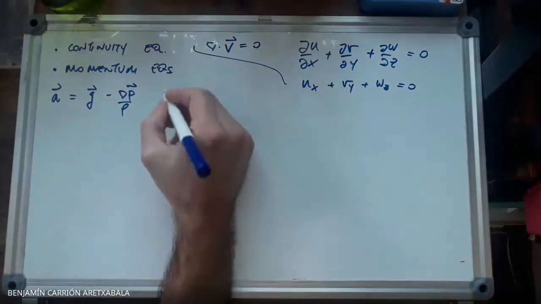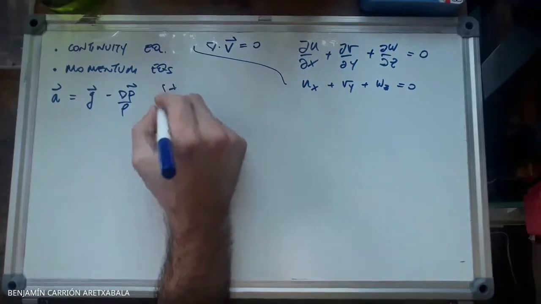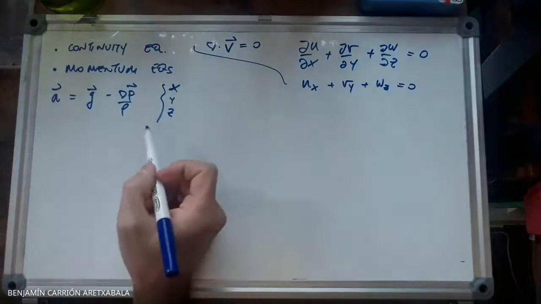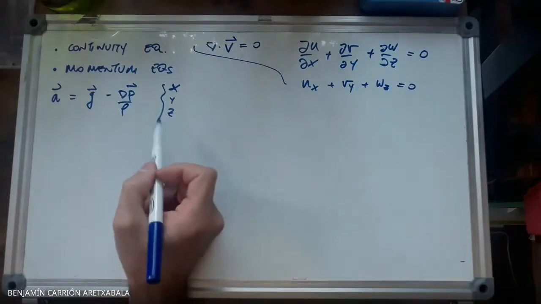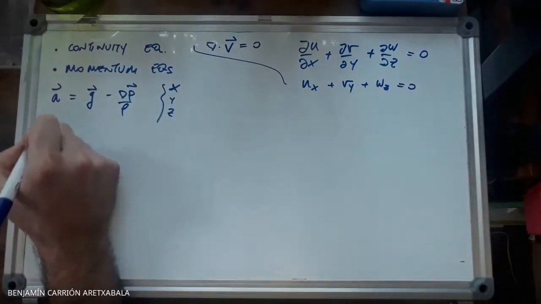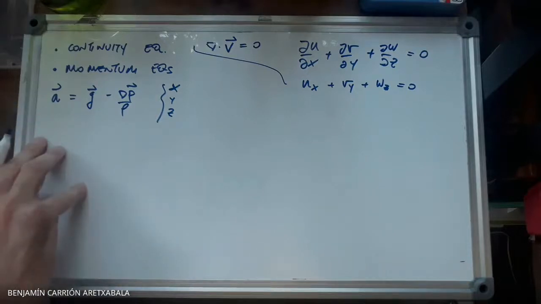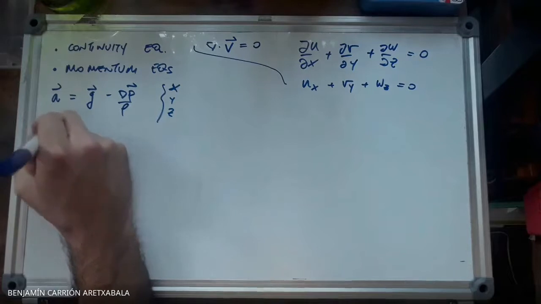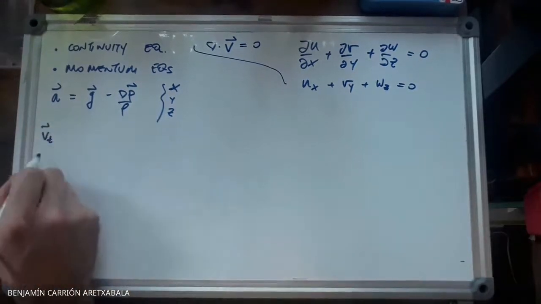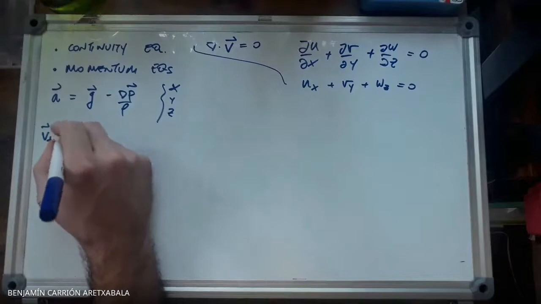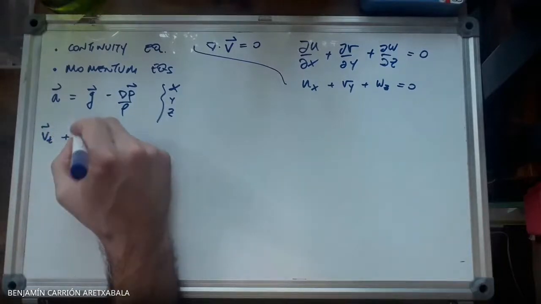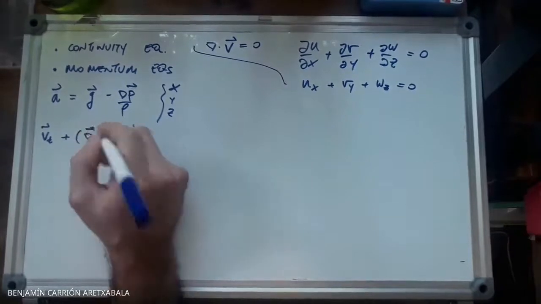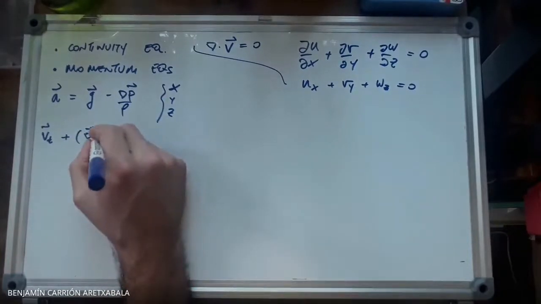Of course, this is on x, y, and z, right? You can decompose them on these three components, and you get this equation. And remember, the acceleration has a local acceleration, v sub t, which is the same as dv over dt, plus this is nabla. I might be wrong, I think it's nabla dot v.